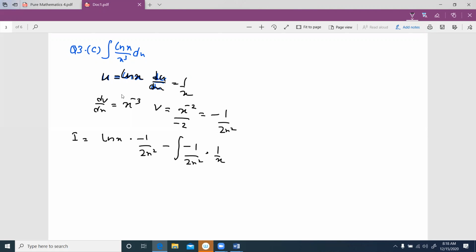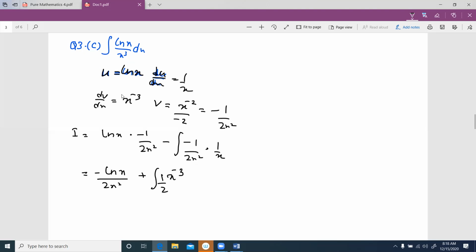Then this turns into minus ln x over 2x squared plus, here, the integration of 1 over 2 times x to the power minus 3, that is x to the power minus 2 over minus 2.